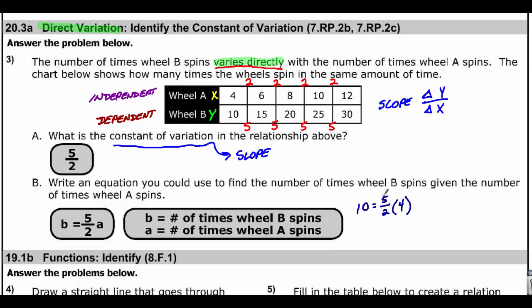Think of it as 4 over 1. So you'd end up with 10 equals 5 times 4 over 2 times 1, or 20 over 2. Yep, that equals 10. Same thing would happen if you picked a different spot on the table.